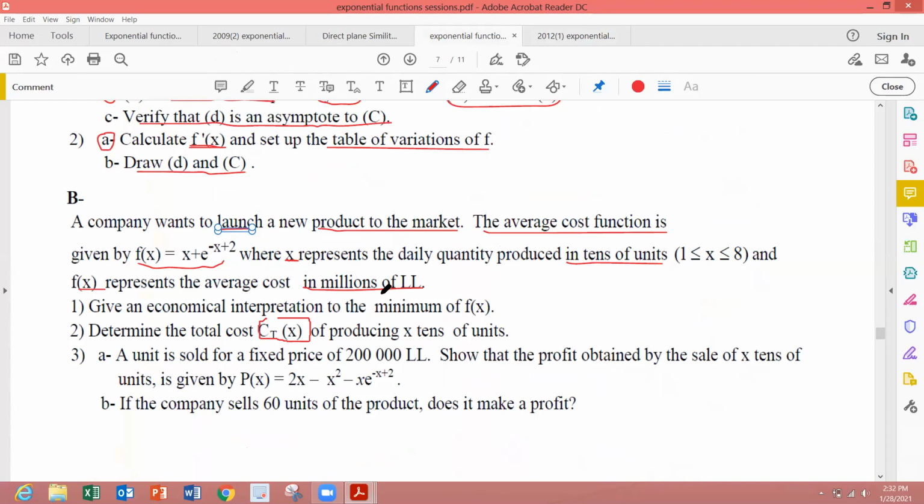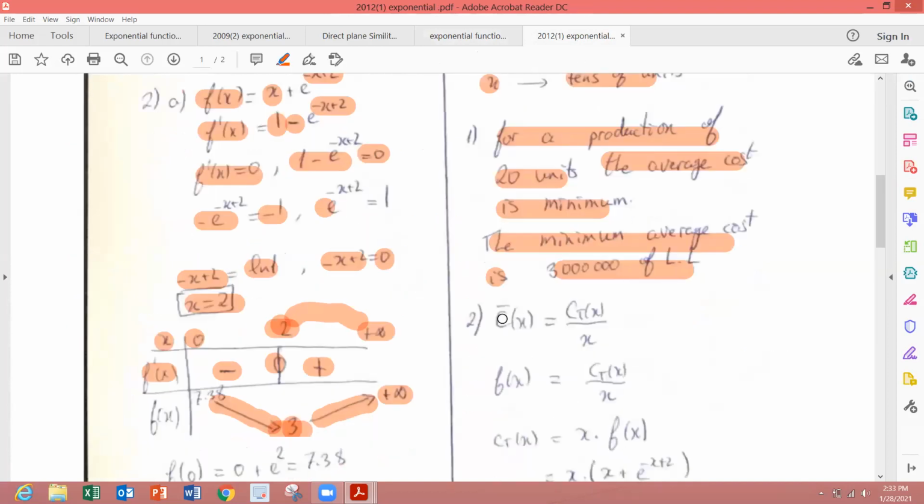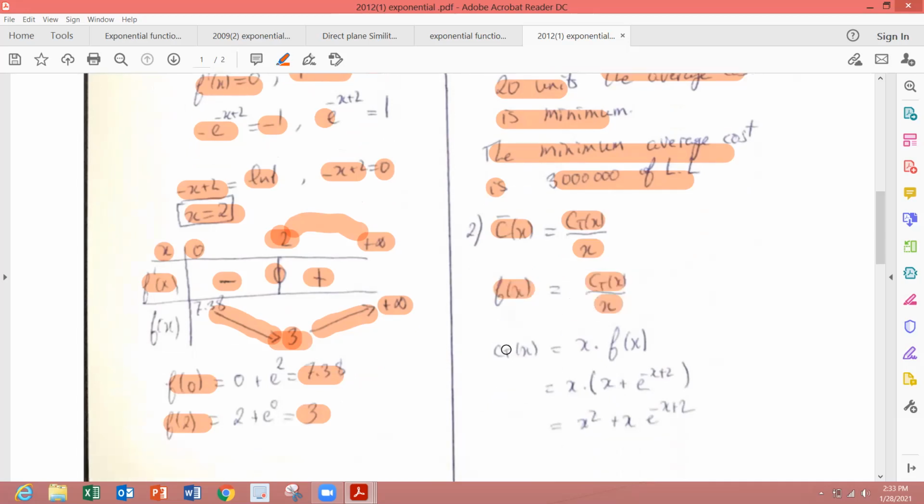Yeah. C bar equals f(x). So we do a cross multiply. C bar is f(x) equals CT(x) over x. Cross multiplication.